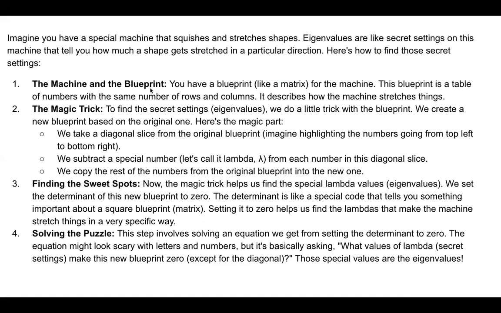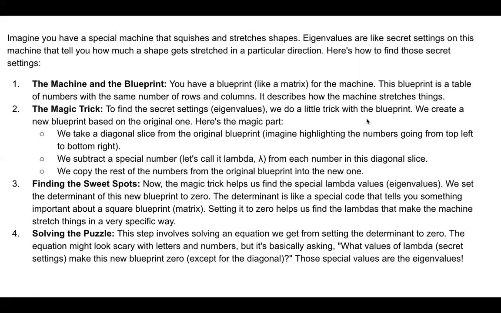So how do you find these settings? First, you have the machine blueprint, which is the matrix. The blueprint is a table of numbers, rows and columns. The magic trick to find the secret settings, which are the eigenvalues, is a little trick.